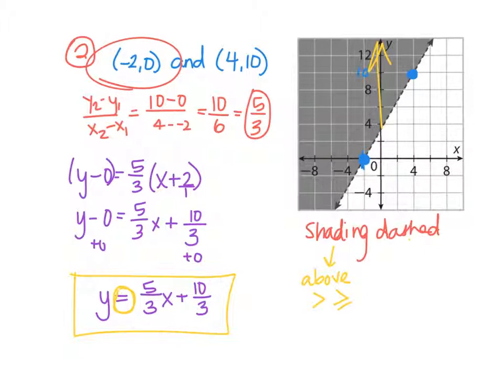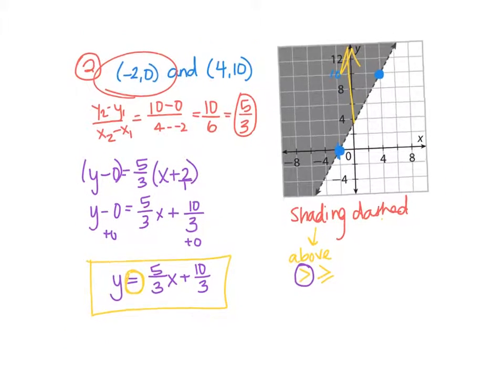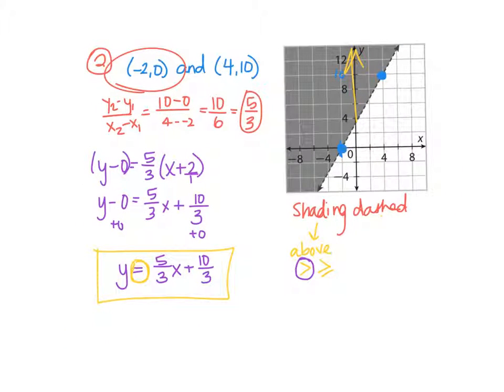If I'm trying to pick between these two symbols, I have to think about which one would be open, and that's this symbol right here. The other one would have given me a solid line, which means my final equation is going to be y is greater than 5/3 x plus 10/3.